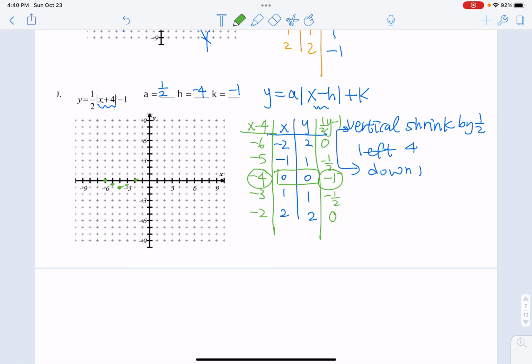So the graph looks like this, and then here, like that. And this graph is open upward. The domain is always all real numbers for any absolute value graph. And then the range has a minimum of -1, so it will be -1 to infinity.